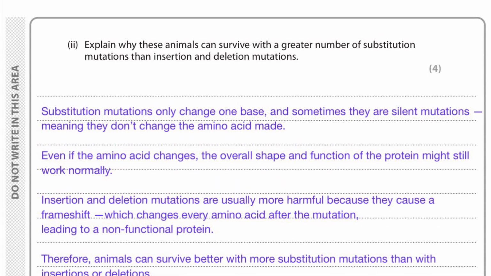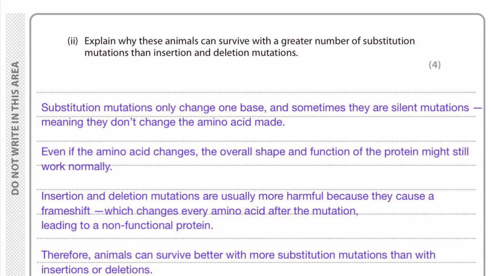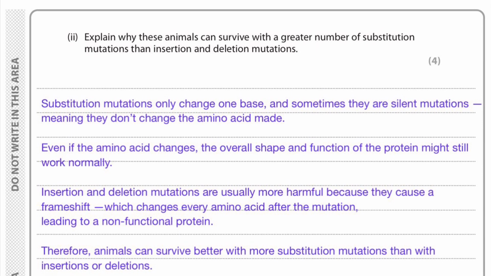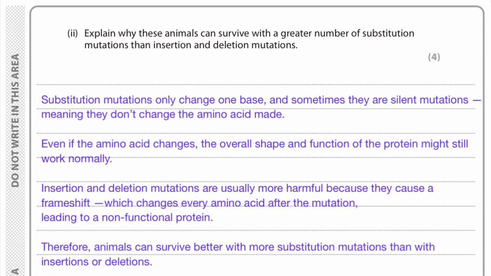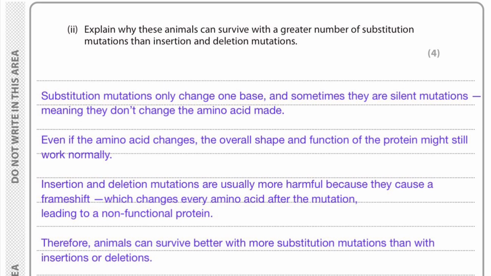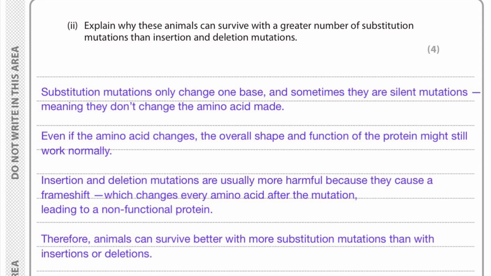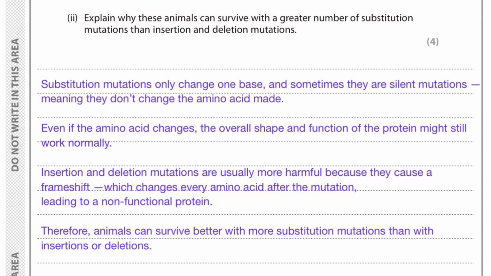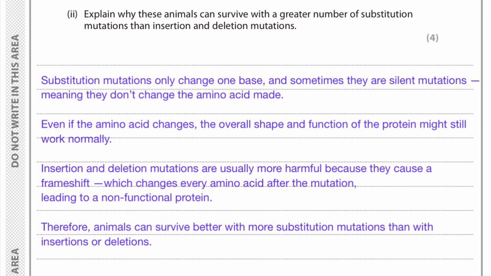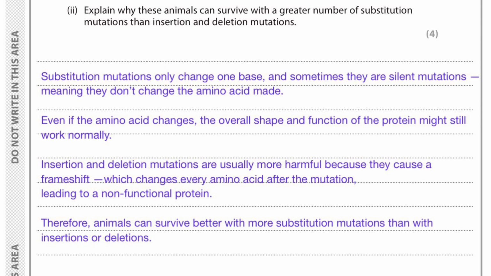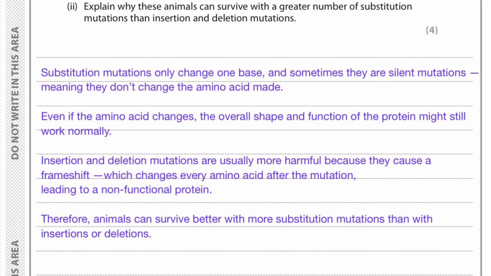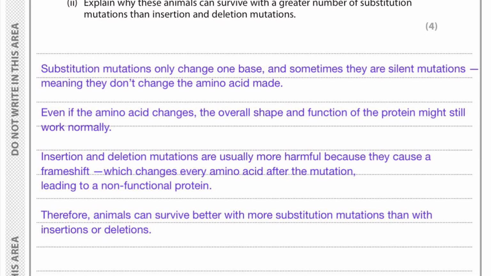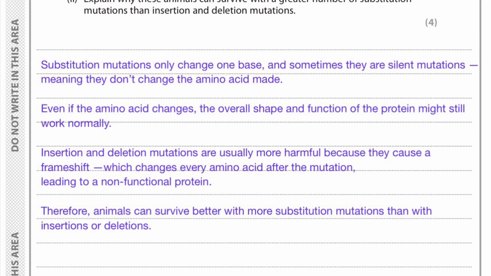Next, they say, explain why these animals can survive with a greater number of substitution mutations than insertion and deletion mutations. This part is asking why substitution mutations are less harmful compared to insertion, deletion mutations. So I said, substitution mutations only change one base, and sometimes they are silent mutations, meaning they don't change the amino acid made.